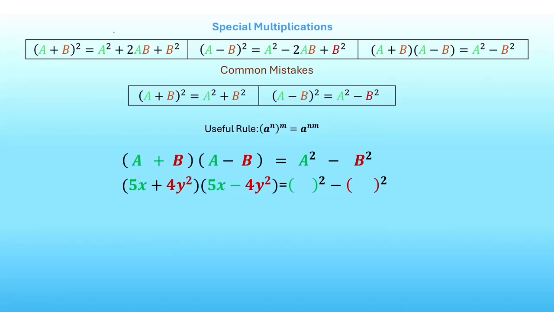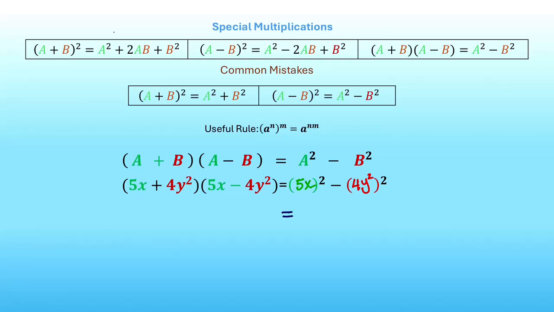Okay, so once again, here I am writing parentheses for a, and in this case, a is 5x, and parentheses for b, in which b is 4y squared. Okay, and then we're going to evaluate the squares.